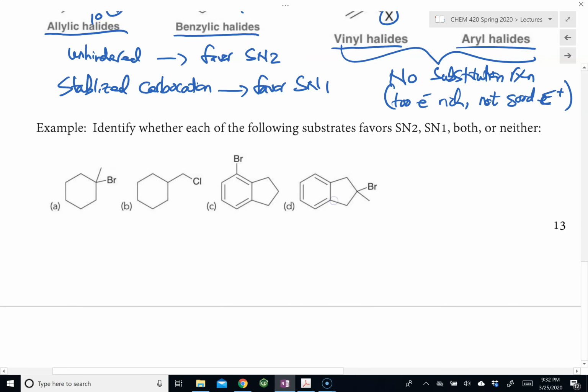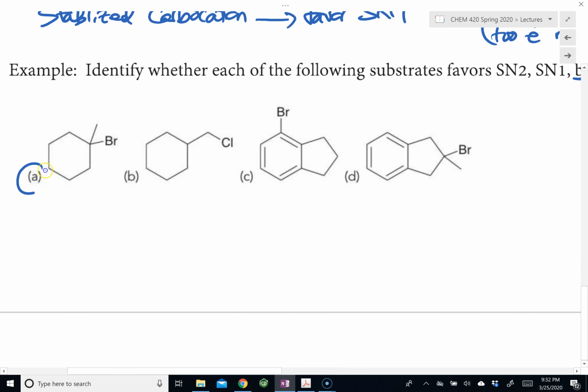Let's now try a few practice problems to make sure we can analyze the structure of the substrate and be able to determine whether it would undergo an SN1 or an SN2 mechanism, or both or neither. So let's try A. Here in A, given this substrate, what kind of mechanism do you think will be predominant? In this case, this is a tertiary substrate, so it is very sterically hindered. In a substitution reaction, the nucleophile has to come in and attack this carbon.